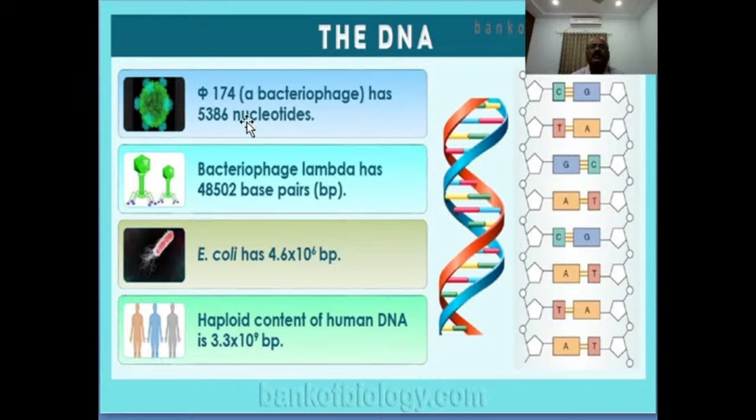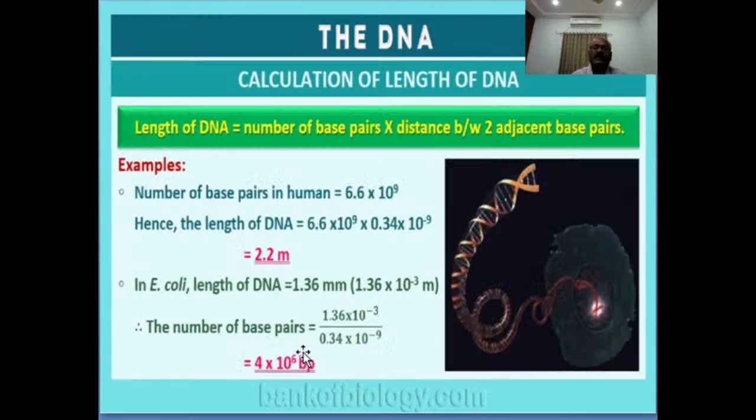So lambda 174 has 5,386, bacteriophage lambda has 48,502 base pairs, Escherichia coli possesses 4.6 into 10 to the power of 6 base pairs, and the haploid content of human DNA is 3.3 into 10 to the power of 9 base pairs.